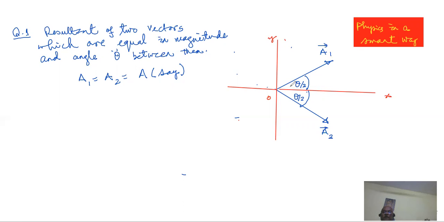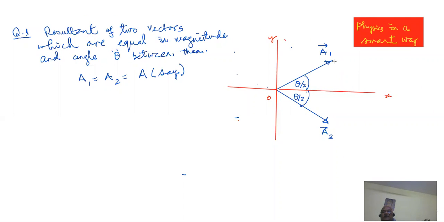I won't like to reveal why yet. As you know, so far as the rectangular component method is concerned, we have x and y axes. A1 makes an angle theta by 2 in the first quadrant. A2 makes an angle theta by 2 in the second quadrant. So our next step is to break down A1 and A2 into their components.